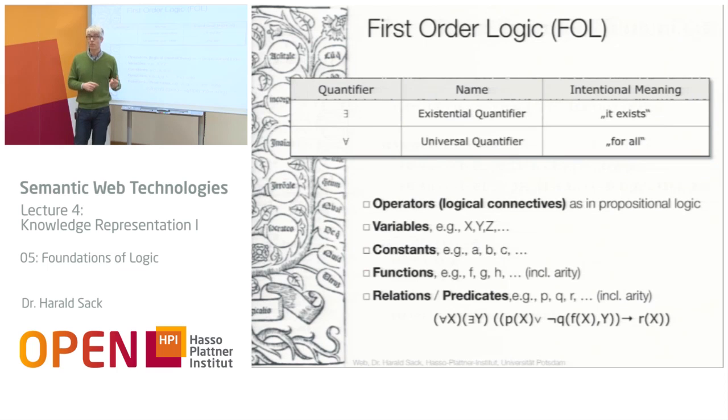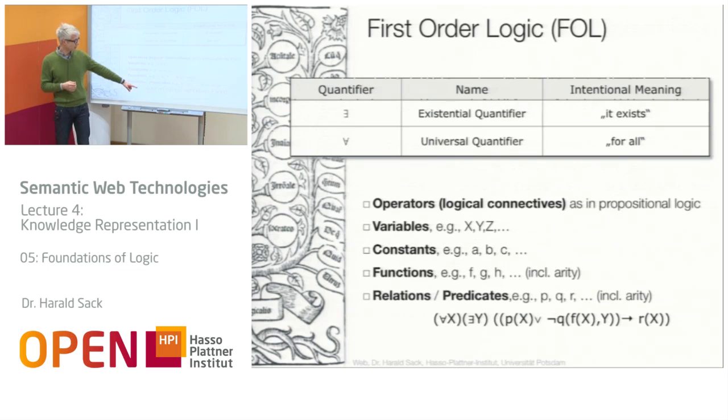For this, you have the quantifiers, the existential quantification and the universal quantification. Then, in first-order logic, you have variables. Here, mostly written in capital letters. Then you have constants, and you have functions. And for those functions also, you have an arity. So it means the number of arguments is given. And you have relations and predicates. And then you can form complex statements.